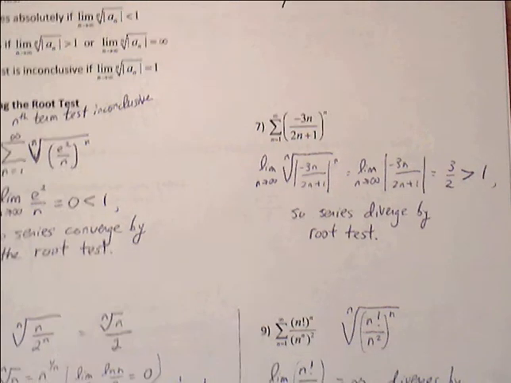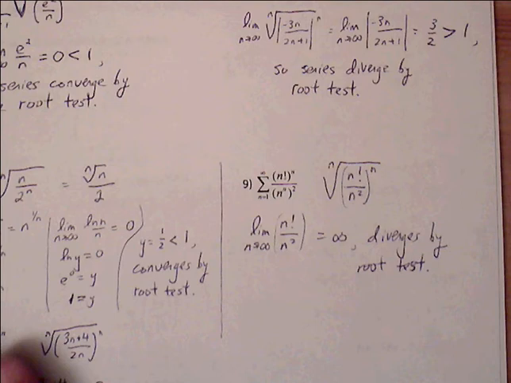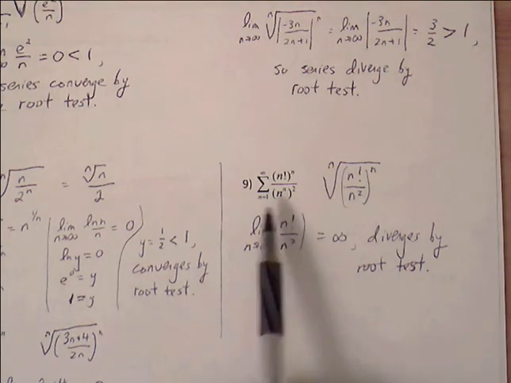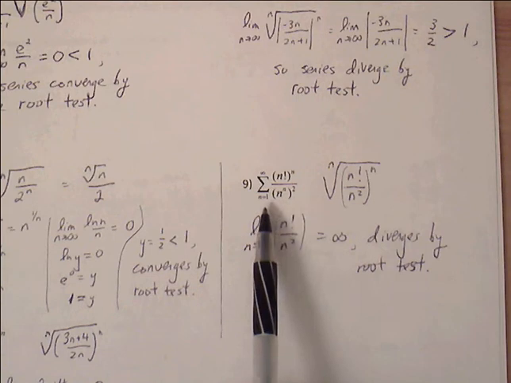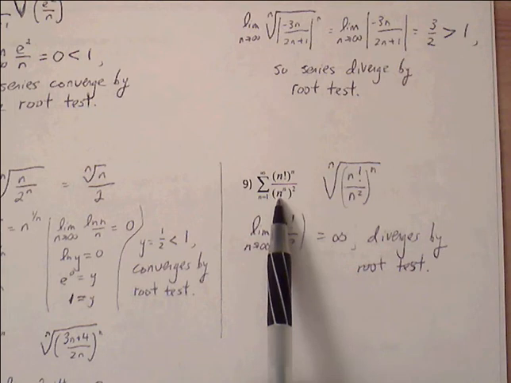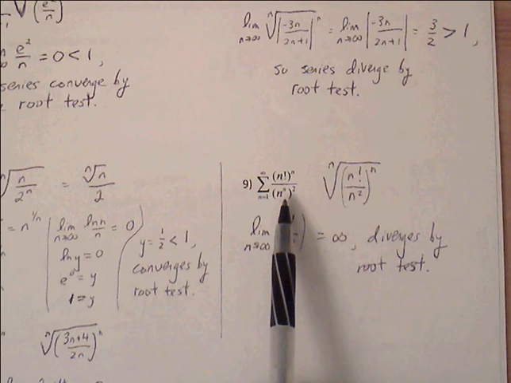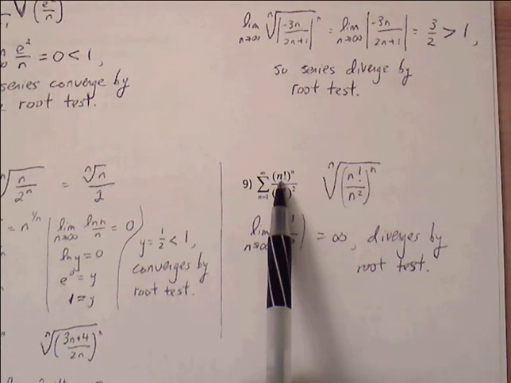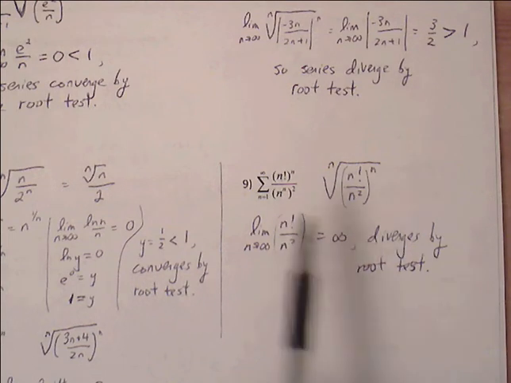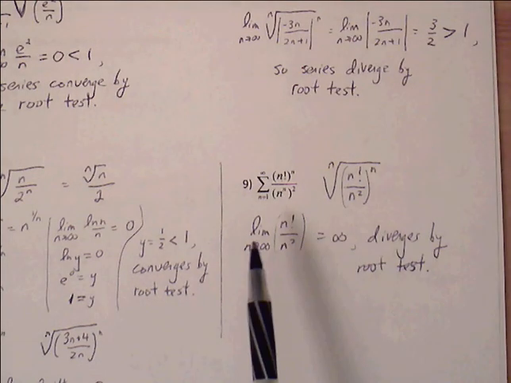All right, let me skip to the 9th example here. We can actually see that the numerator is probably going to grow at a faster rate than the denominator. So nth term test could potentially tell us that this is divergent, but we see that we have powers of n, so we're going to go ahead and just use the root test just for practice.